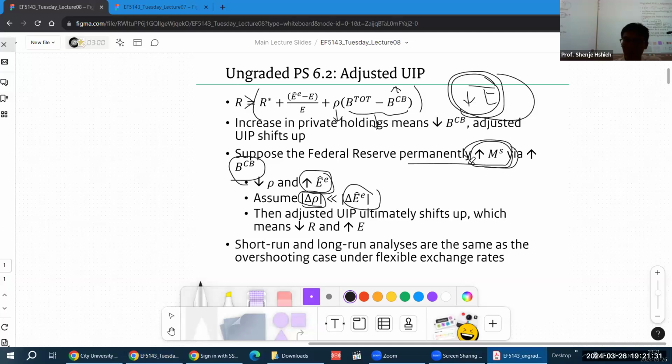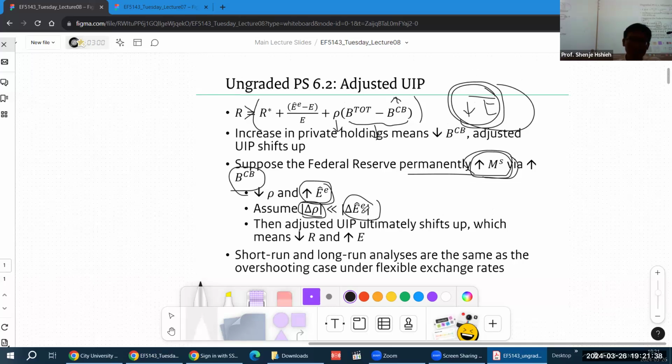So if people believe that overall the permanent monetary policy expansion is going to have a large effect, then that's almost saying that this change in rho may be negligible, right? So that means the change in rho, absolute value, is very, very low, less than the change in expectations.